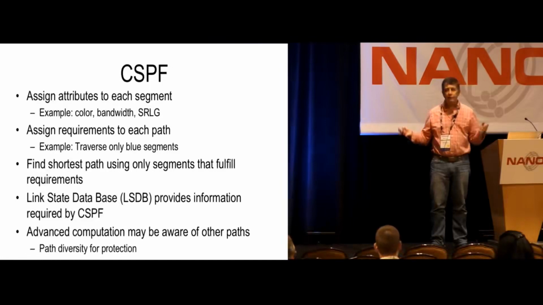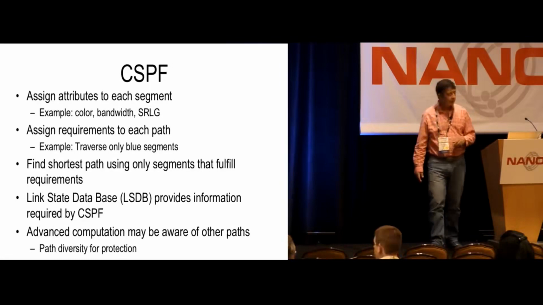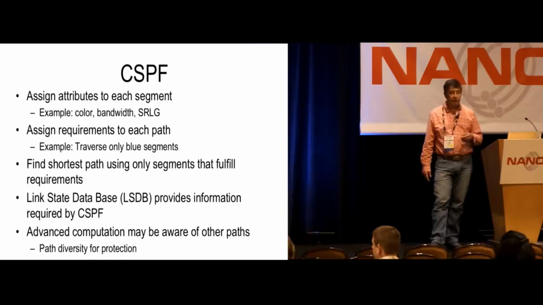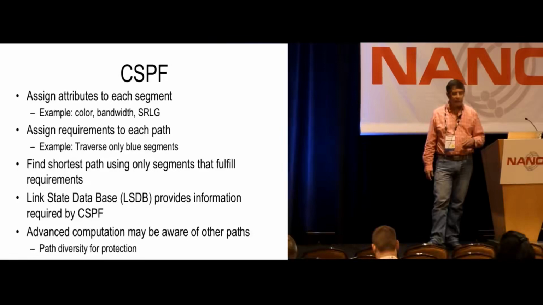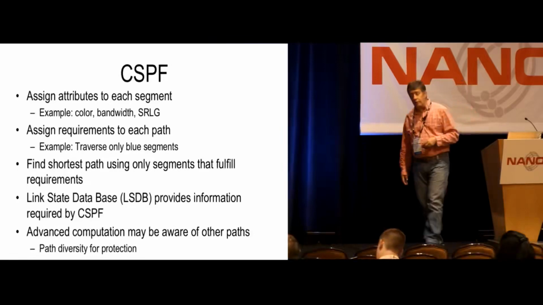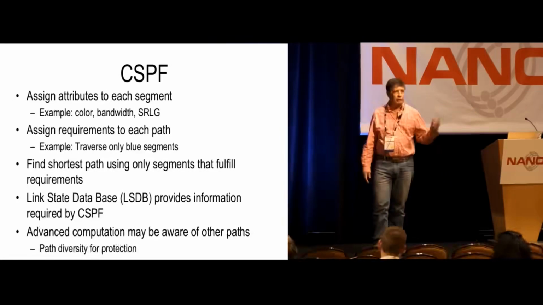Okay, for all you people, this will sound really familiar because you've been here already. The first thing you do is you assign attributes to a link. You know, color, bandwidth, shared risk link groups. The next thing you do is assign requirements to a path. Say this path has to go from here to there, it can only traverse blue links, and it's going to reserve 100 megabits of bandwidth.